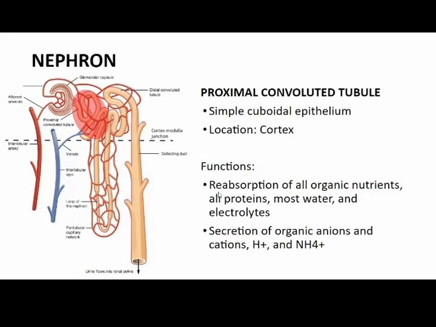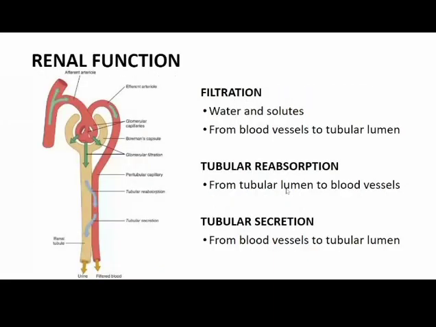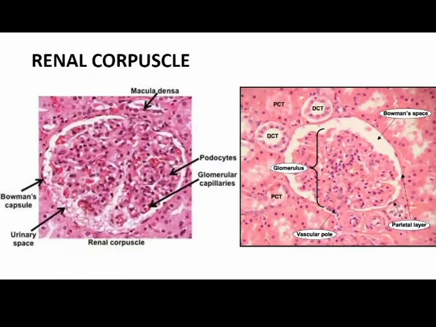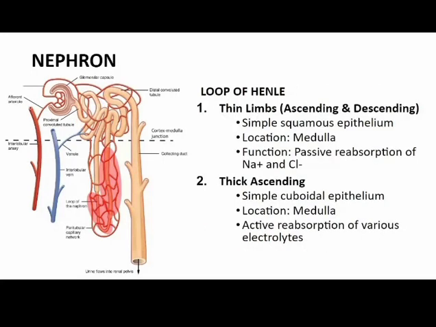And its function is to reabsorb all inorganic nutrients, proteins, and mostly water and electrolytes, and it is responsible for secretion of organic anions and cations like hydrogen and ammonium. So, the PCT.